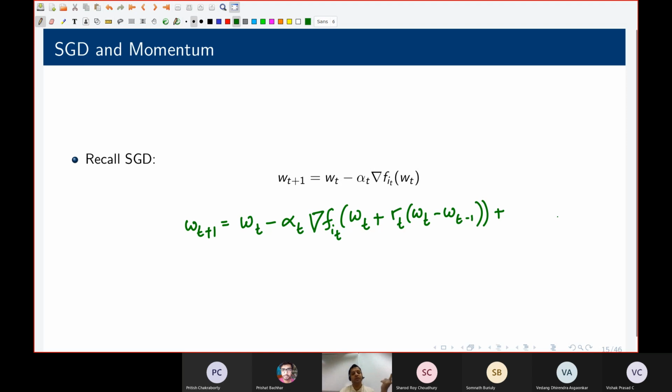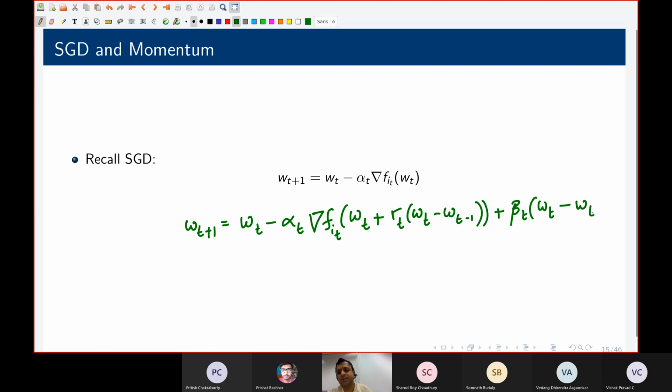Question is that with the explicit velocity, should we have gamma t or some other parameter? Should we have the same thing, gamma t times w t minus 1 in the velocity, or something else? You could have same, right? But in a more general setting, you could just say this is a different parameter beta t.